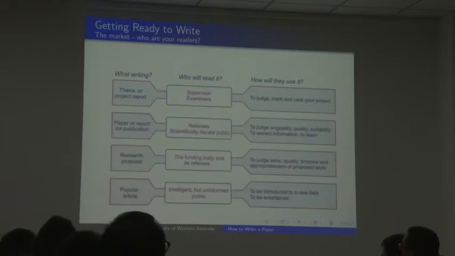If it's a popular article you're writing into some paper or magazine, the people who are reading it are intelligent but uninformed public. How will they use it? Well, they want to be introduced into a new field, or they want to be entertained. They want to enjoy the reading.